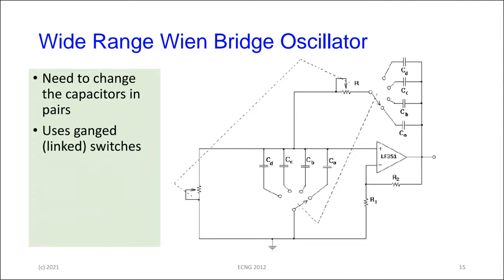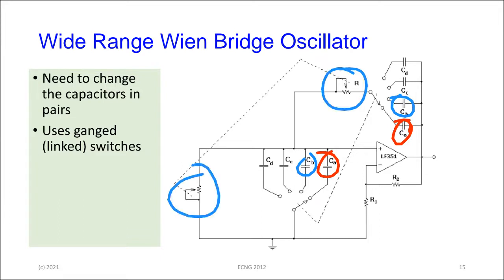So as they turn the knob, the axle actually connects to two switches. As they turn the knob, it switches A and A together, then it will switch B and B together, and so on. And once you have a particular range selected by those capacitors, then you can vary the resistance within that range by having another pair of variable resistors, potentiometers that are also on the same axle.